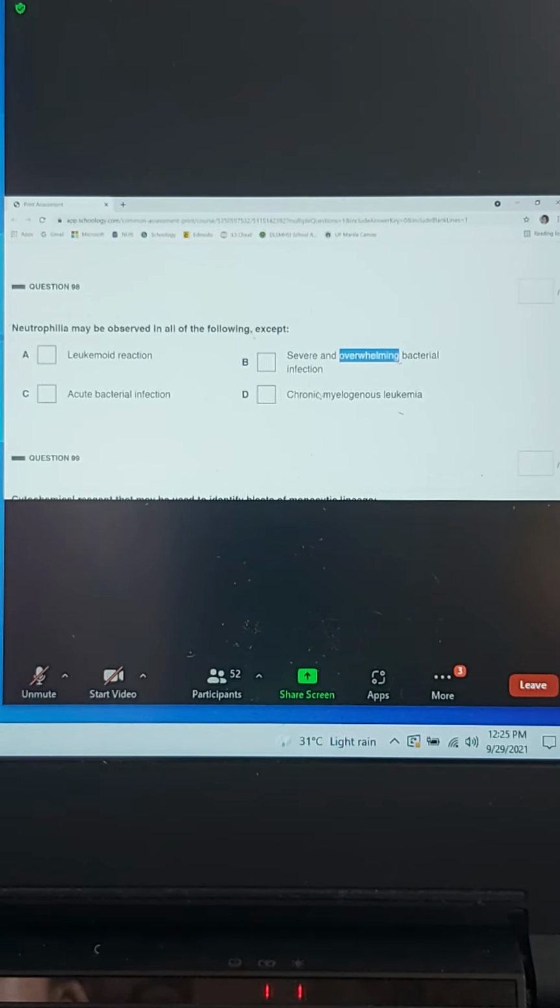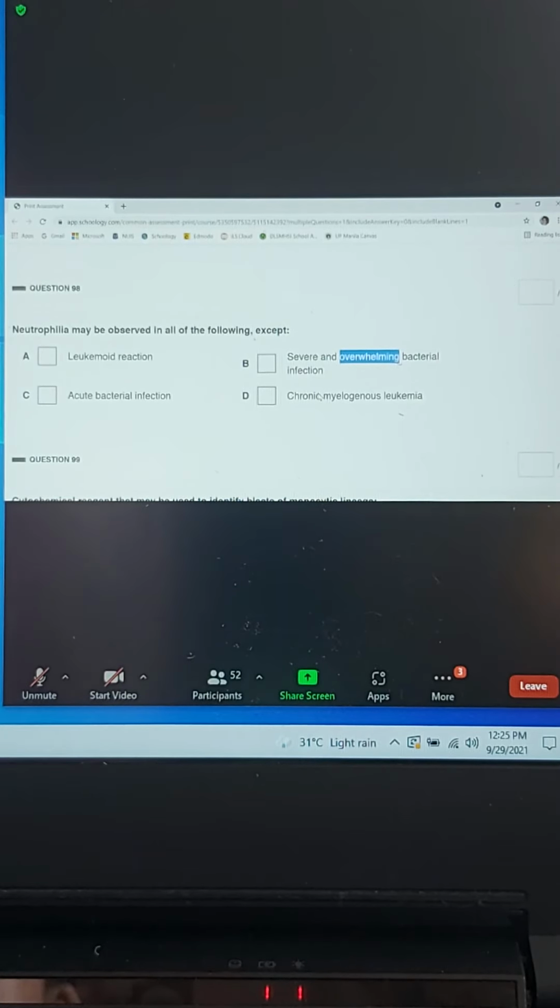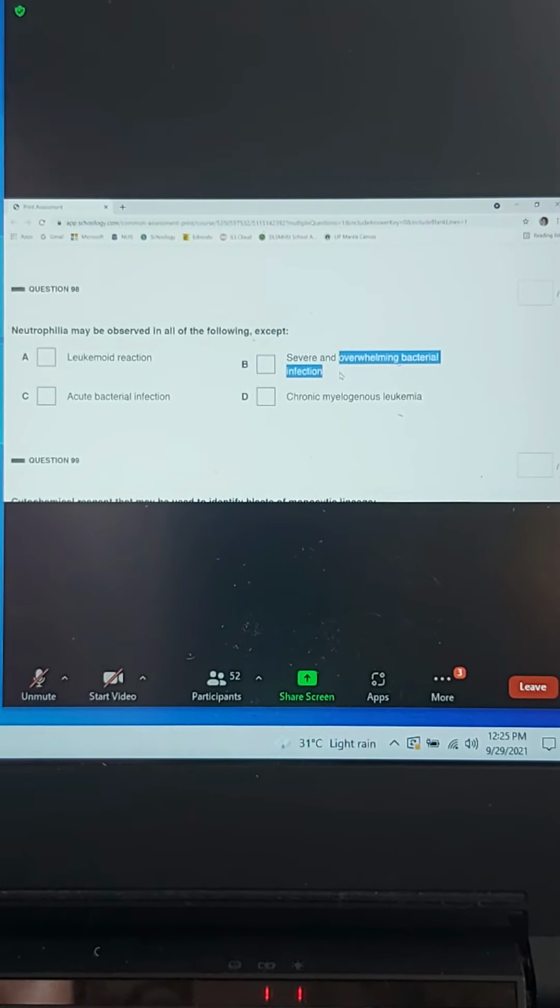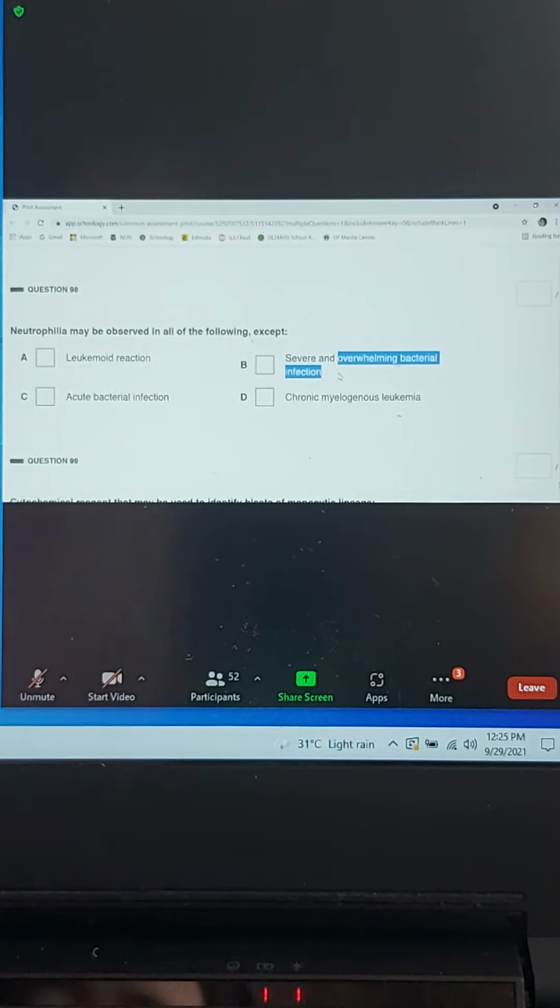Bakit? Kasi nauubos na yung lymphocytes natin kaka-respond dun sa viral infection. So na-overwhelm na yung supply natin. So ganun din dito. So pag overwhelming na yung ating bacterial infection, mataas na yung chance na magkaroon ng neutropenia. Okay, so mauubos, ma-exhaust yung supply mo ng neutrophils.